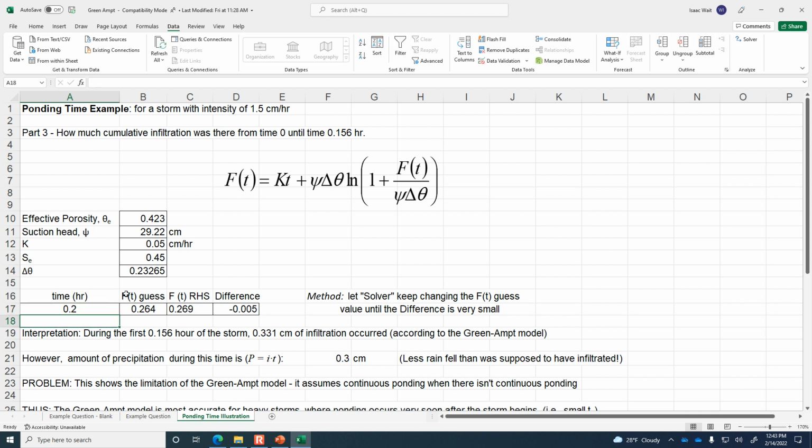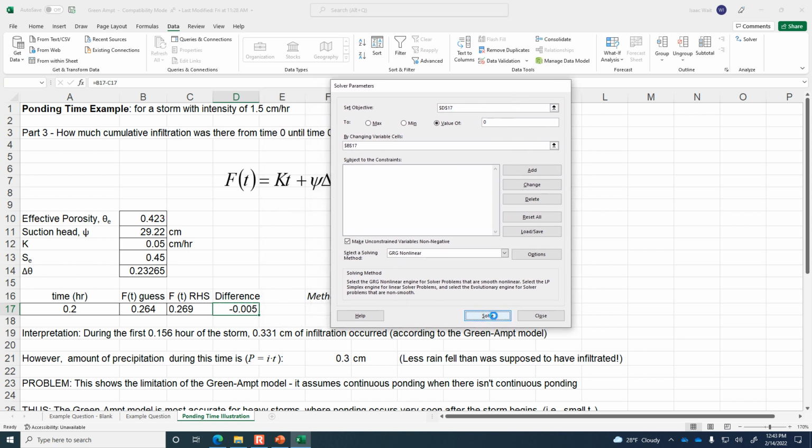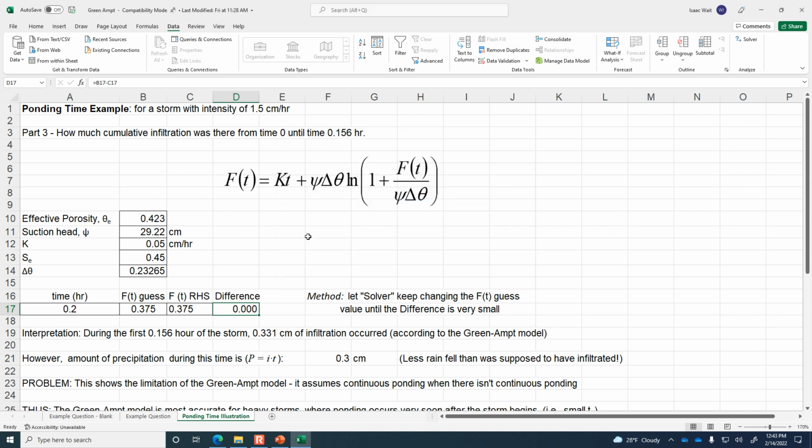0.2 hours. Looks like we may have overshot it at 0.2 hours because now the precipitation amount is greater. Let me just do the goal seek again. Solver. All right. So it's less than 0.2, 0.18. Getting pretty close now.